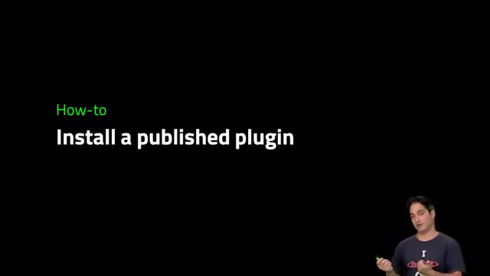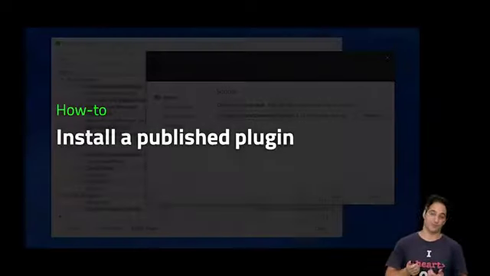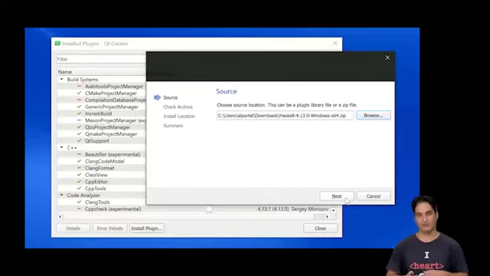Very easy. Now, how does a user who wants to use your plugin go to GitHub, see the releases, and install that plugin on their machine? It's very easy. Download the zip package and go to the plugin dialog in Qt Creator. On the bottom, there's now a new button called Install Plugin.